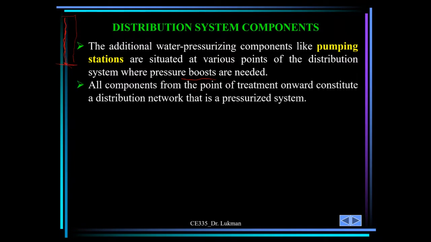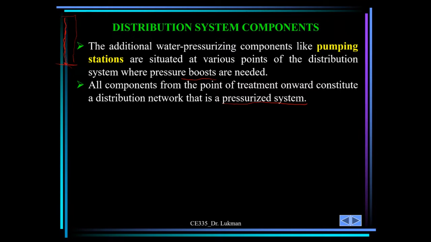And all components from the point of treatment onward constitute a distribution network that is a pressurized system. Okay, it has to be pressurized because we use pipes, although the pressure can result from gravity.